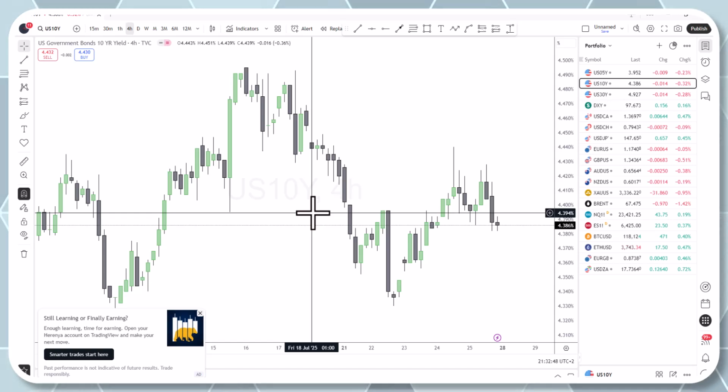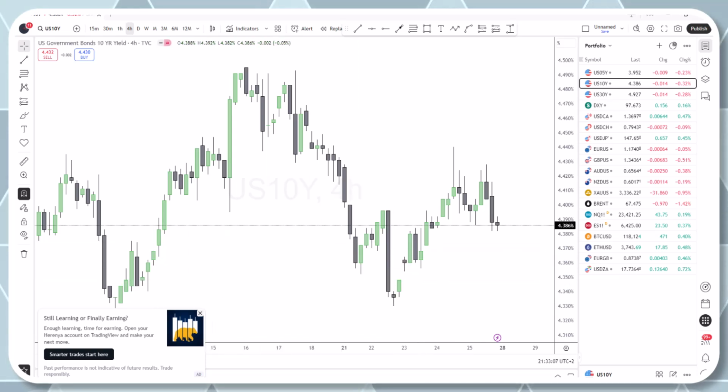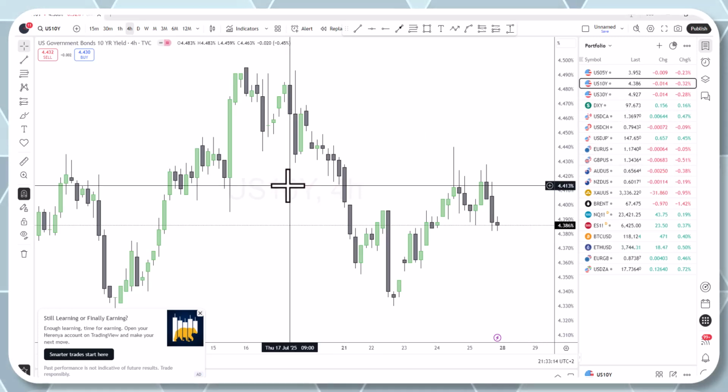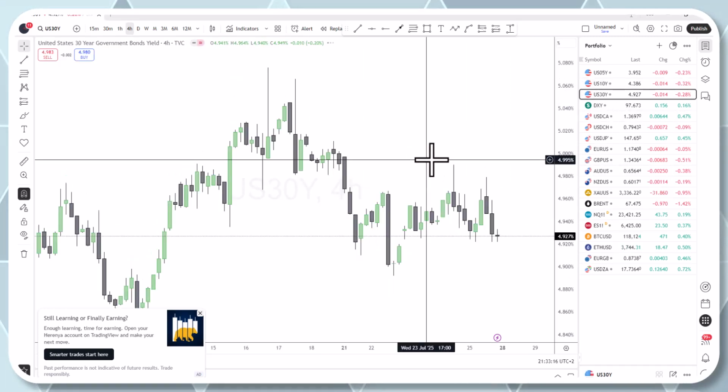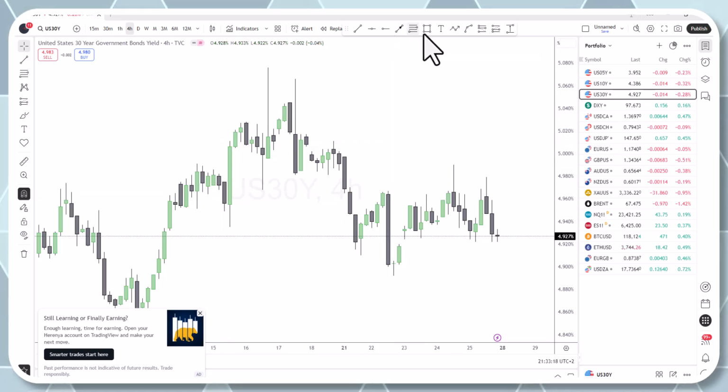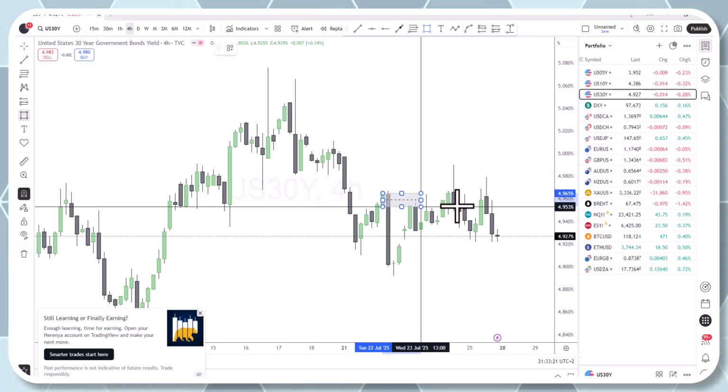And vice versa, in a bearish move, it's the last bullish candle before price declines to the downside. These are the zones where smart money likely entered, and they often act as magnets when price returns to these zones, right? So I'm going to show you just two quick definitions of order blocks, so we can clearly see here.